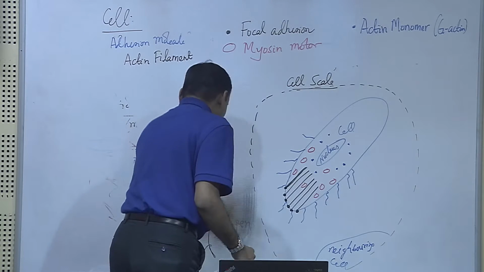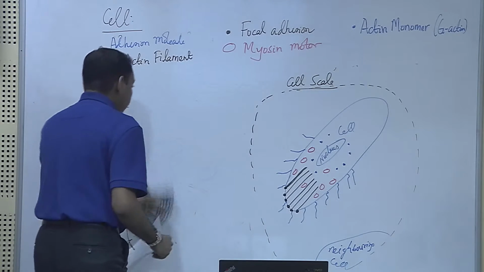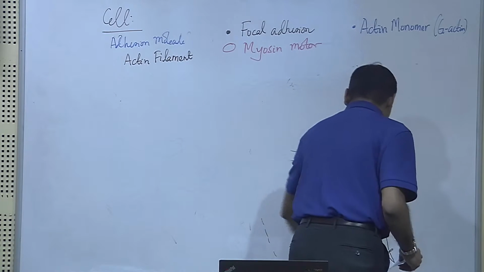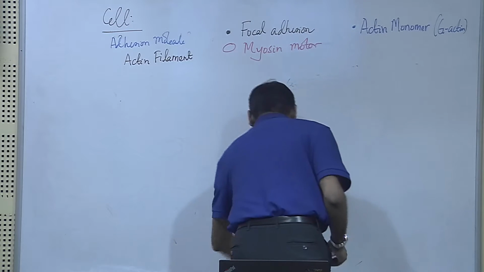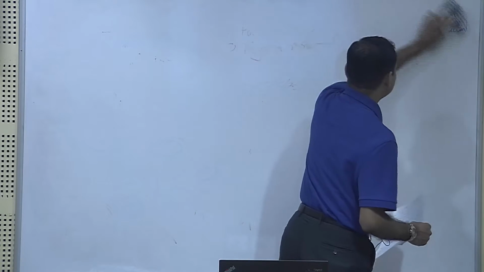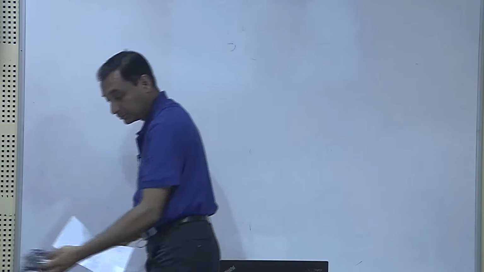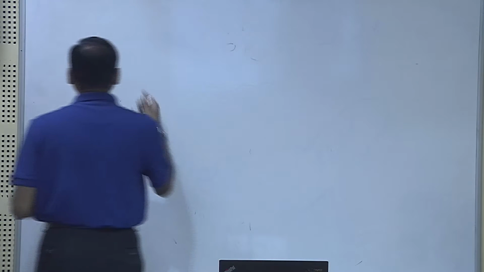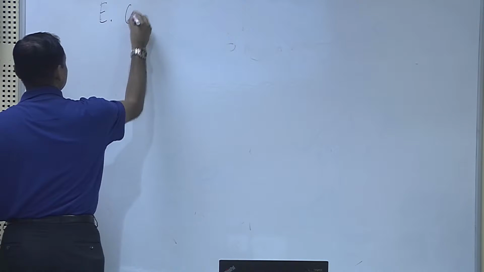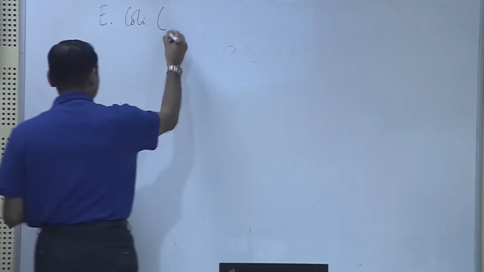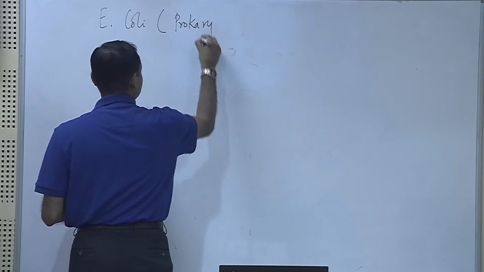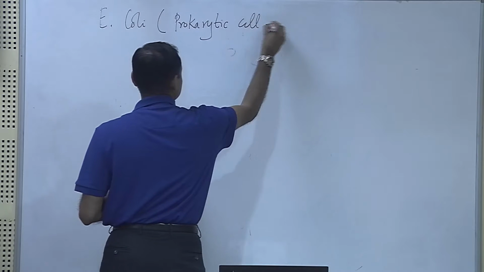If you look at the E. coli, we can characterize the E. coli by various means. This is a prokaryotic cell, which is a single cell.